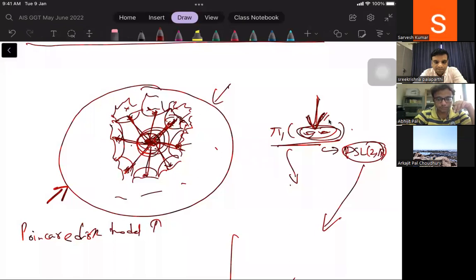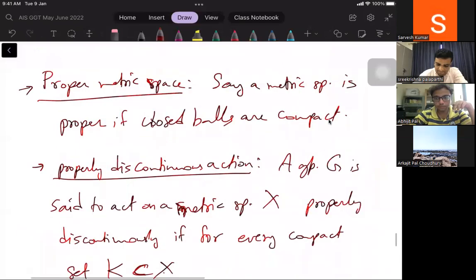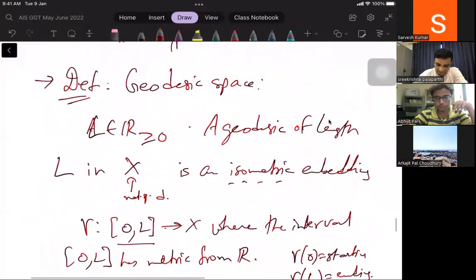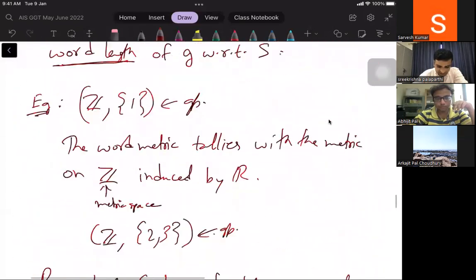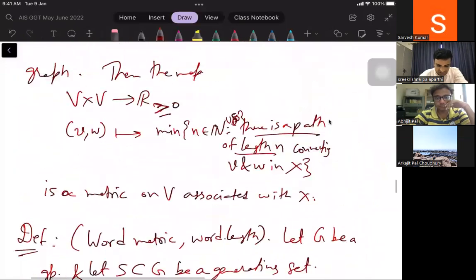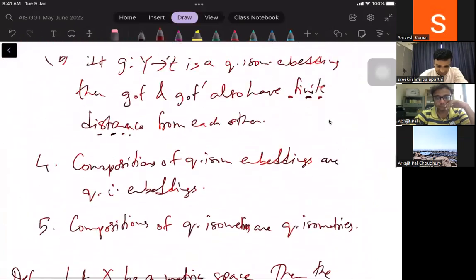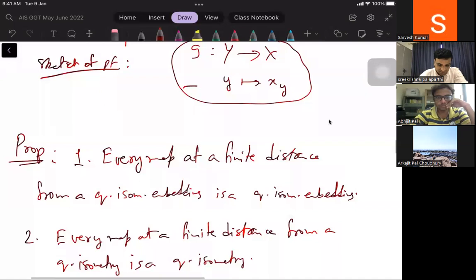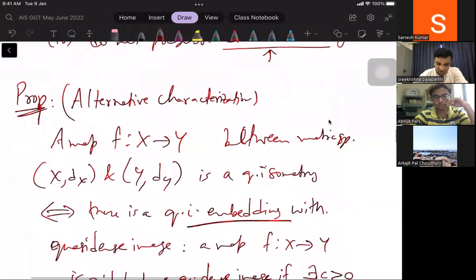How is that? Let's say you want to prove that the distance between f(x) and x is bounded by something, right? You mentioned this point. Yes, that's the one. This alternative characterization, where is it? Let me go back to that theorem. Here, the first one, alternative characterization.